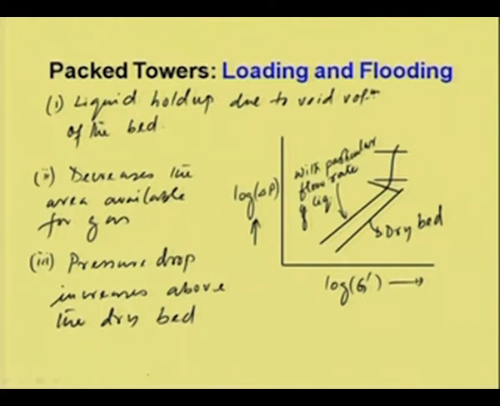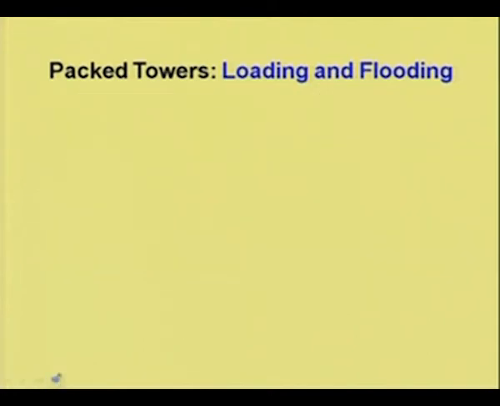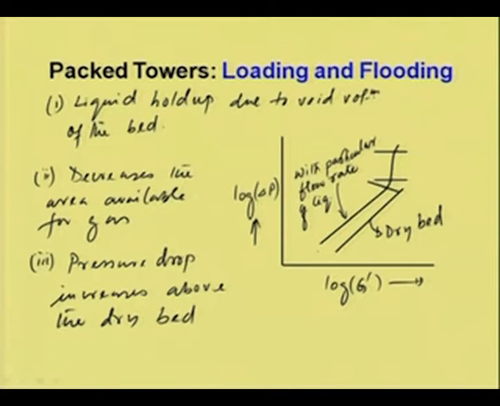Say, this is the M and N curve for the dry bed, and this is at a particular liquid flow rate: O, P, Q and R. These are the points.